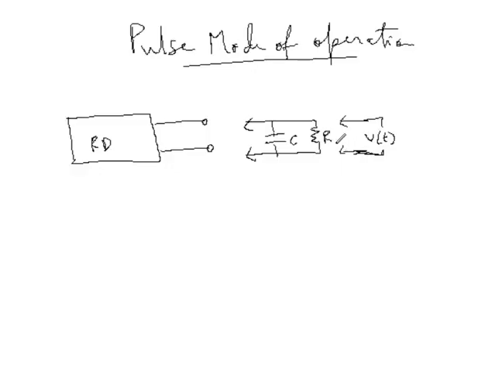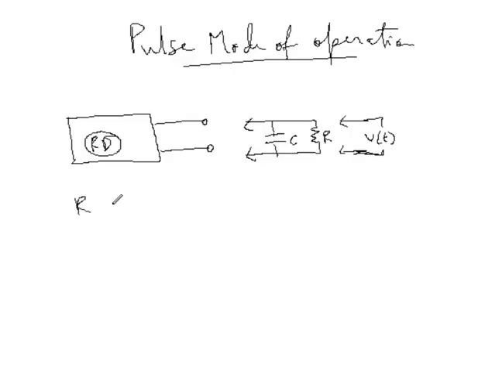Okay. Now, what is this R? R is basically the input resistance of the circuit, and C represents the equivalent capacitance of both the detector itself and the measuring circuit. Okay, this is the radiation detector.